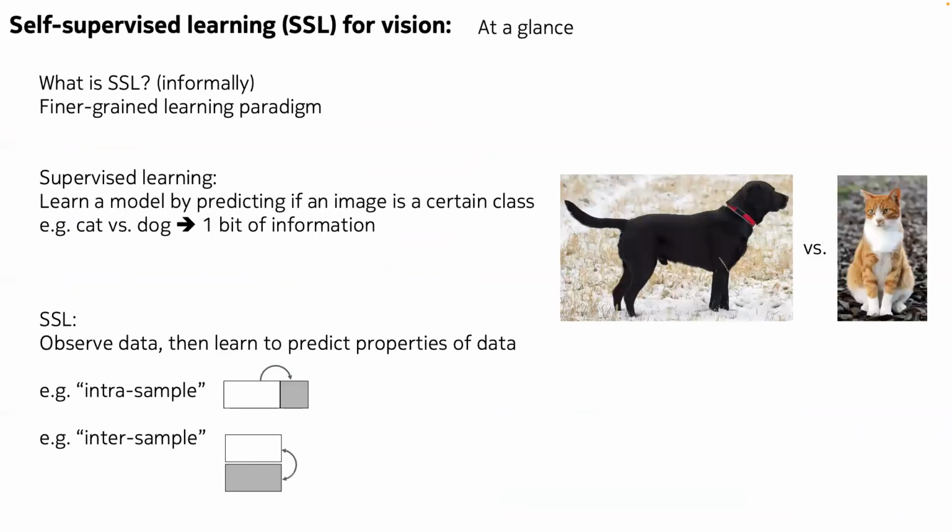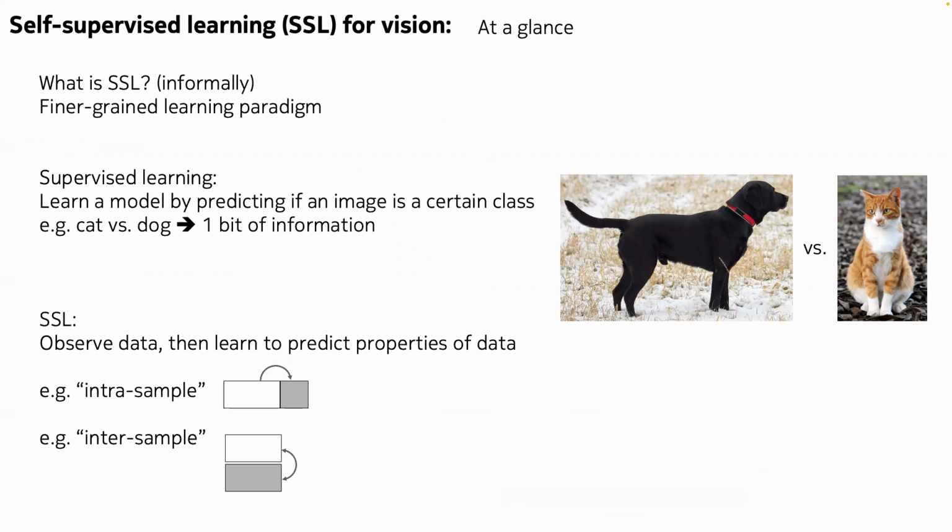Let's shift gears a bit and look at what has been happening in computer vision recently. Self-supervised learning is the paradigm of next generation learning systems. In SSL, models are learned by making them predict fine-grained properties about the data.